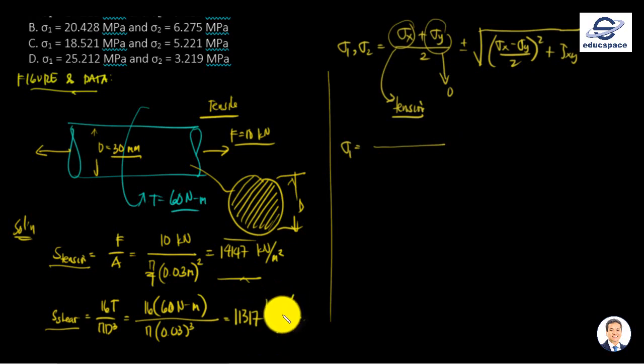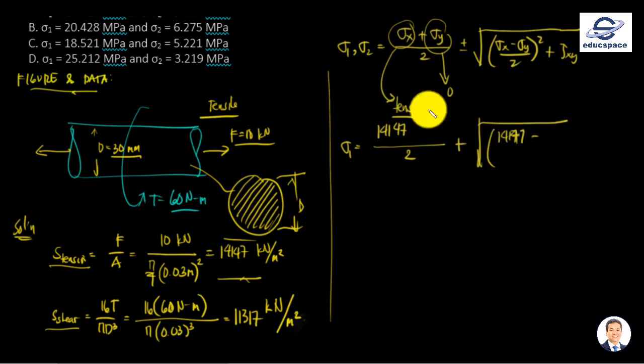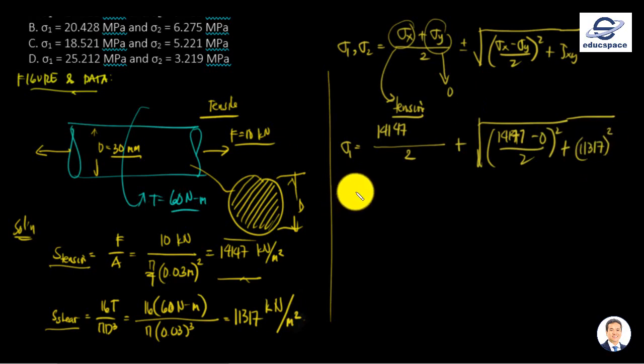We have the tension of 14147 over 2, plus the square root of 14147 minus 0 over 2 squared, and then plus the shear stress of 11317 squared.